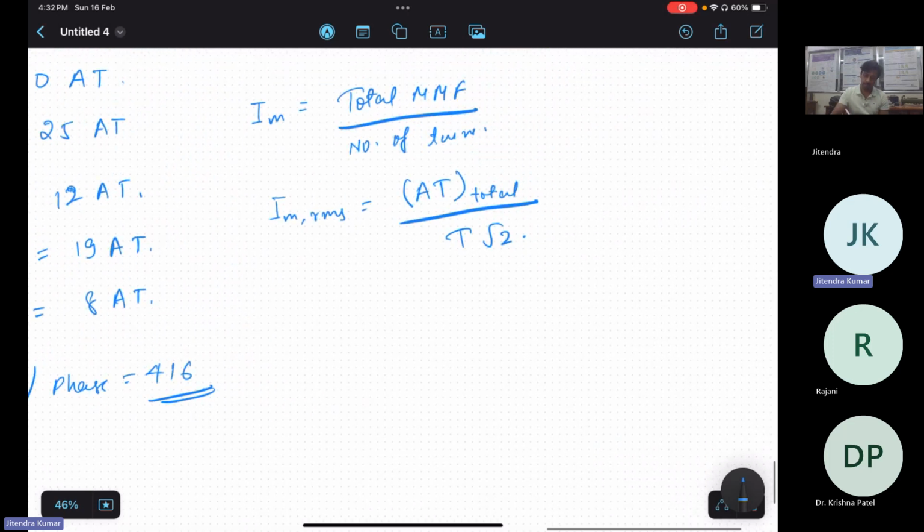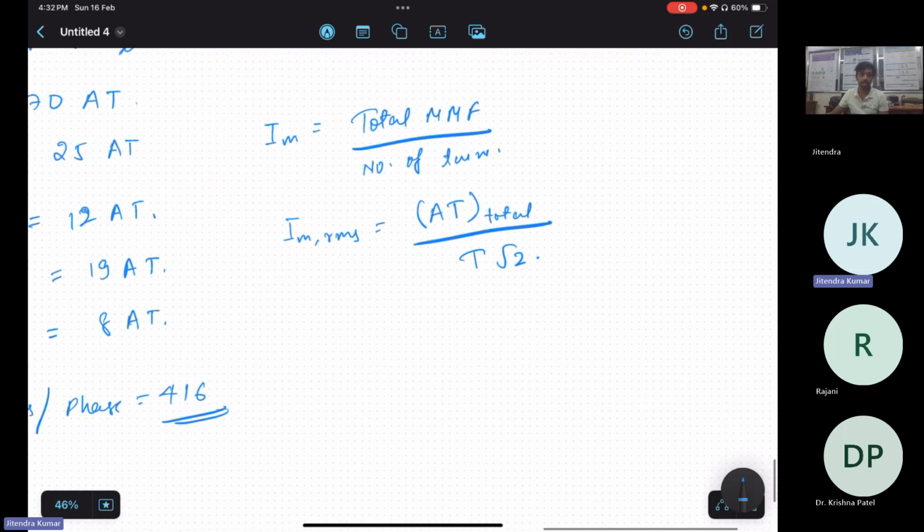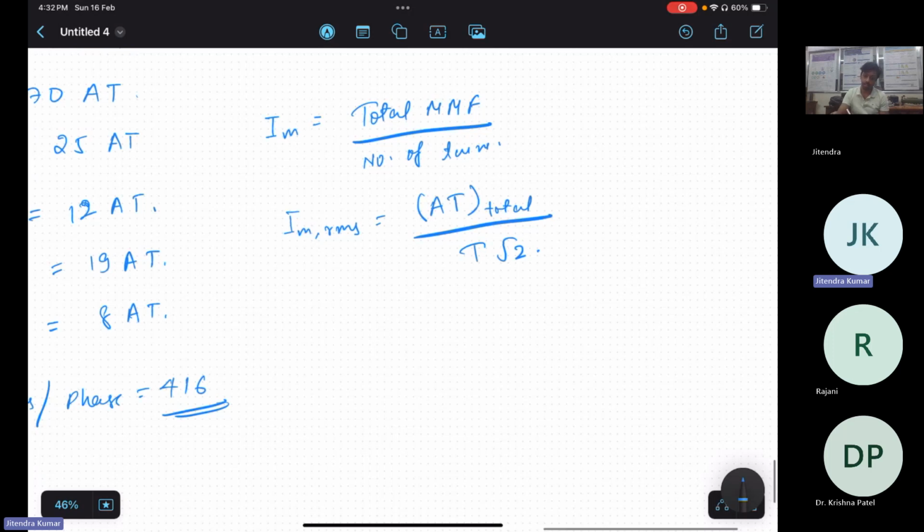Now, magnetizing current per phase can be related with this ampere turns loading.